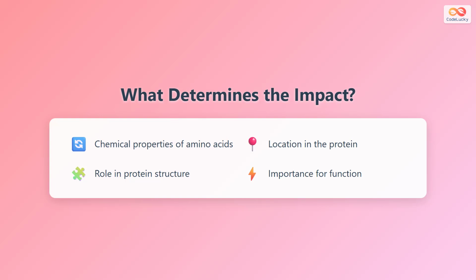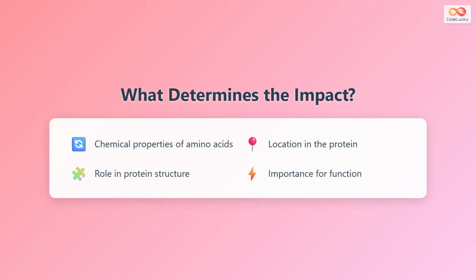Several factors determine how much impact a missense mutation will have. First, the chemical properties of the amino acids matter. If you replace a hydrophobic amino acid with another hydrophobic one, the effect is usually minimal. But replacing a hydrophobic amino acid with a charged one can be devastating. Second, the location in the protein is crucial.